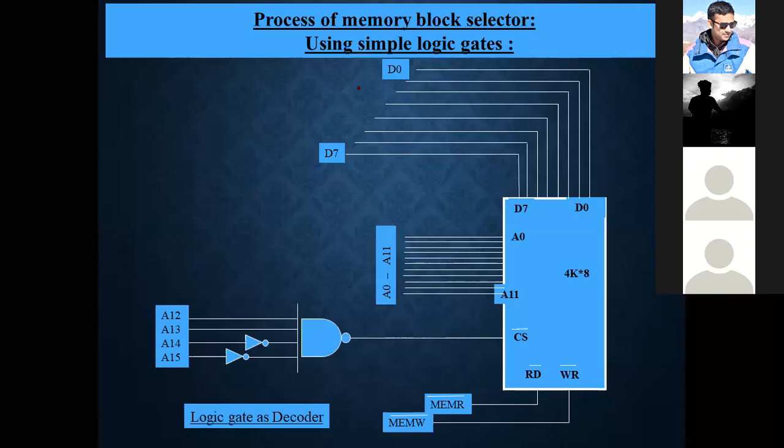This A0 to A11 is used for the addressing. So the minimum address that can be loaded is all zeros.